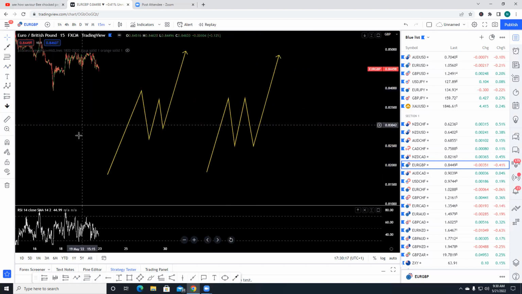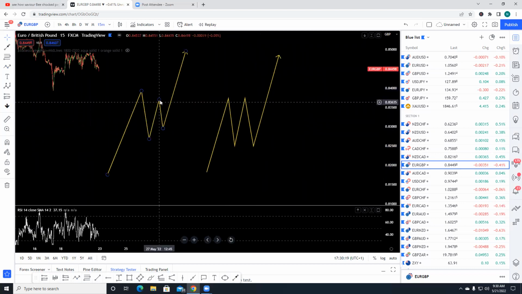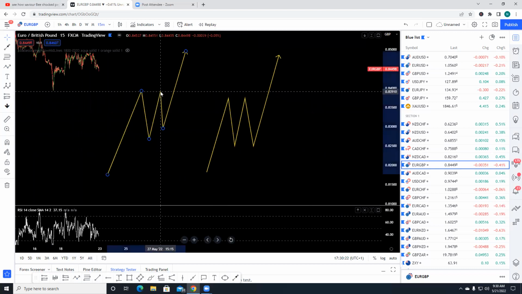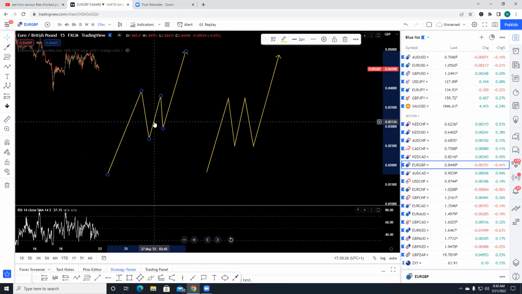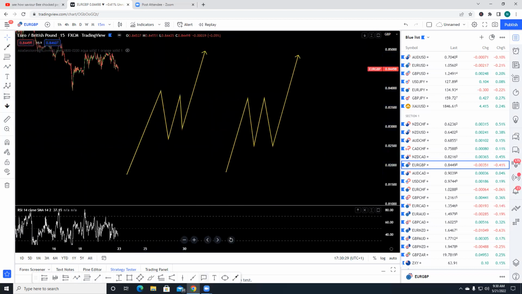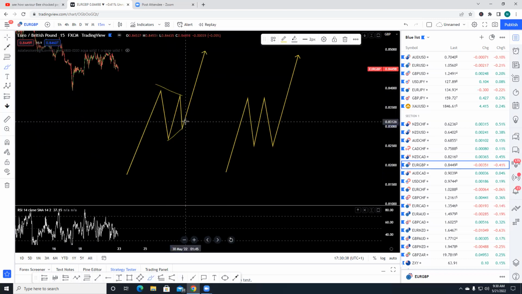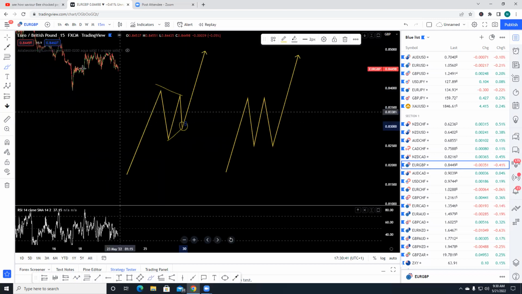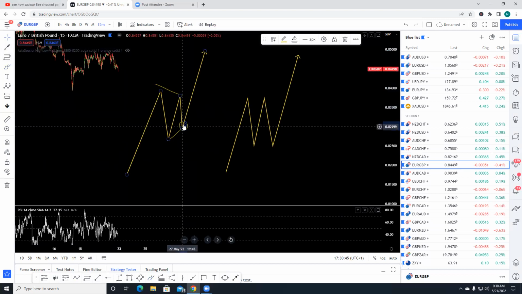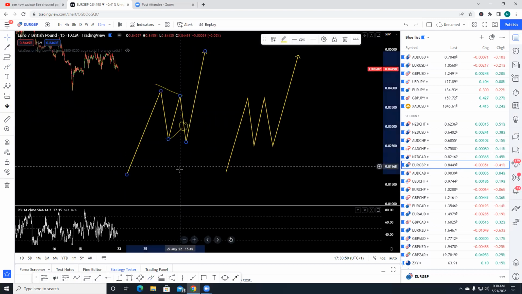Can you see? So now, if you have a structure like this, and you are taking this structure to be a contracting flat, okay? What if you have taken the buy here, guys, and then the market now decides, after taking the buy, to consolidate and move down like this.